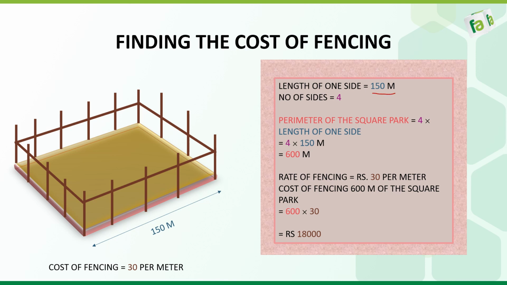Number of sides of a square is equal to 4. Perimeter of the square park is equal to 4 multiplied by length of one side, which is equal to 4 multiplied by 150 meters, which is equal to 600 meters. So 600 meters is our perimeter.